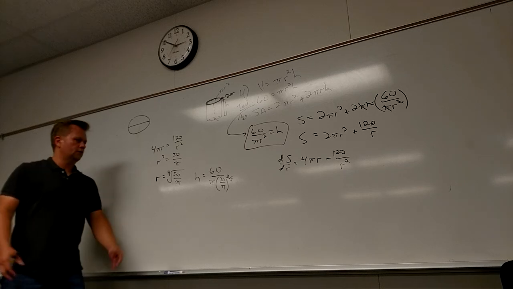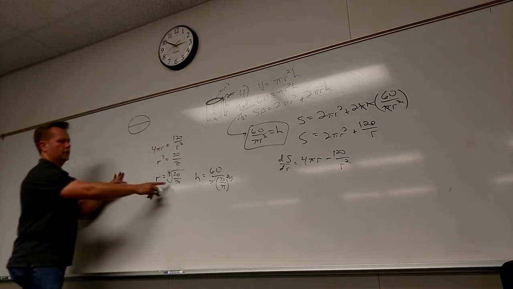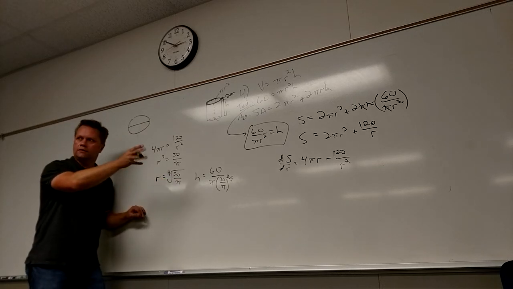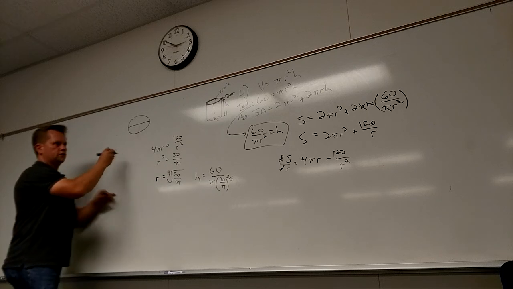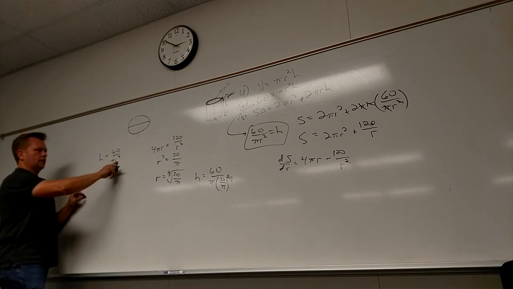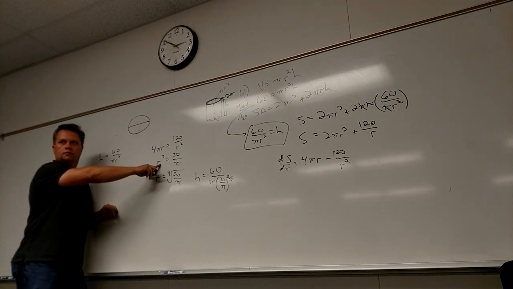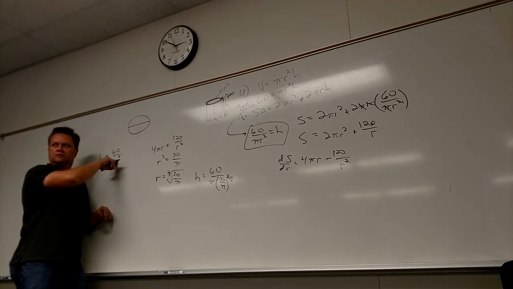Let me show you guys something. Do you see how there's a radical in the bottom? And it normally involves rationalization and stuff, right? Do you see how height is 60 over pi r squared? Why does that suck? Because I know what r cubed is. R squared is awkward, right?